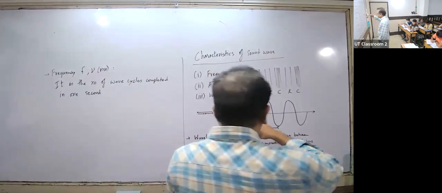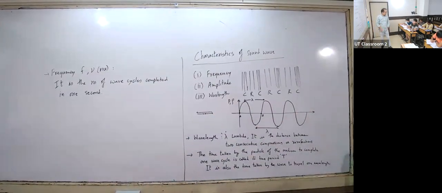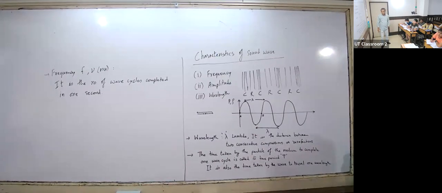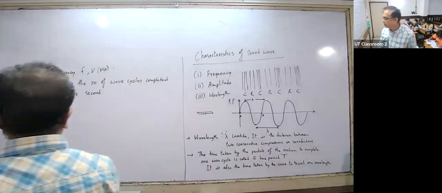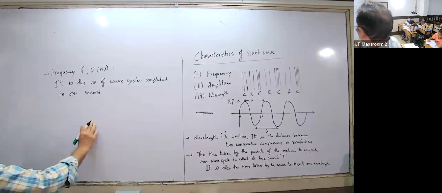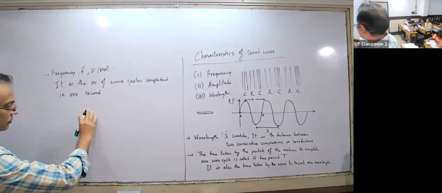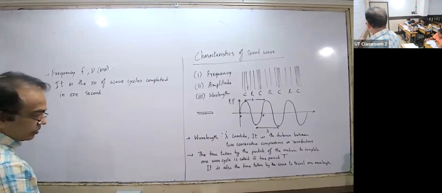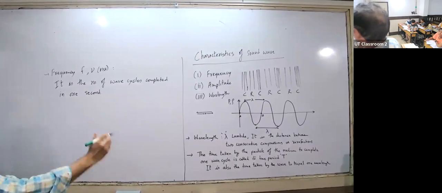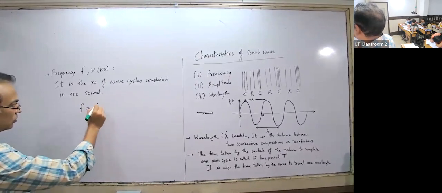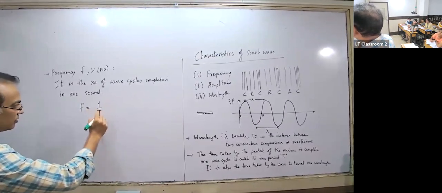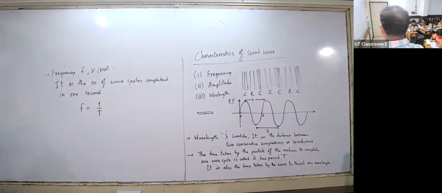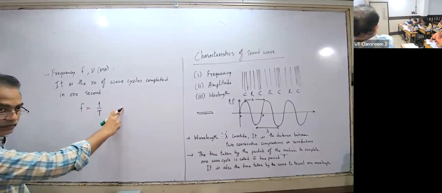That is frequency. And what is the relation between frequency and time period? f is equal to 1 by T, because in T seconds, one wave is completed.